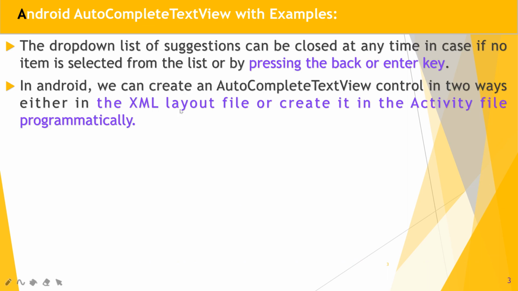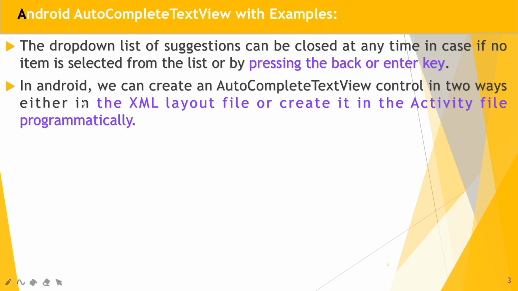The drop down list of suggestions can be closed at any time if no item is selected from the list, or by pressing the back or enter key. If you want to type any data which is not present in the drop down list of suggestions in autocomplete text view, then you can type your own data.